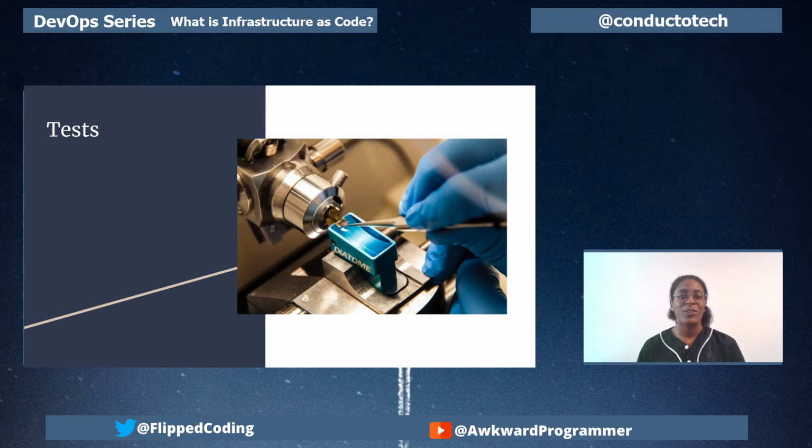And of course, like with any other code, you still need to run tests. And these tests will be for things like making sure that your servers have been provisioned with enough resources, or that all of your configurations are in sync with which environment you're deploying to, and make sure that your pipeline is actually going to deploy your code to production correctly.